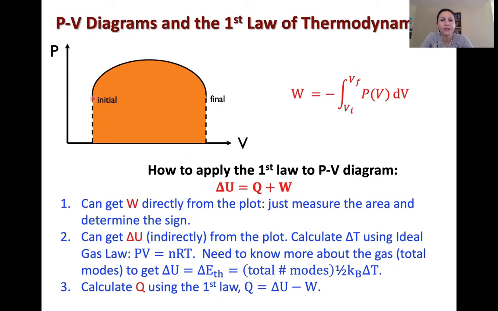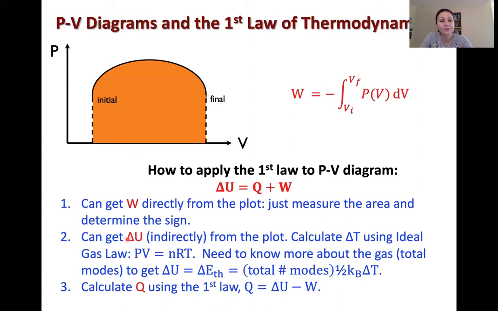Now, Q is questionable for now. What about delta U? Can we figure out delta U? We do know some conditions, initial and final. We know the initial pressure and volume, and we know the final pressure and volume. So can we get U? Well, yes, but not directly like the way we did work, but indirectly.